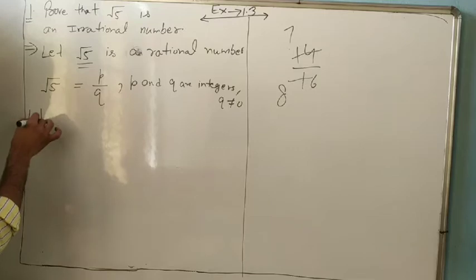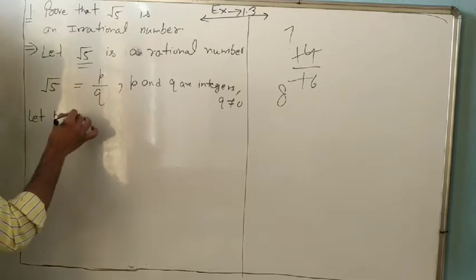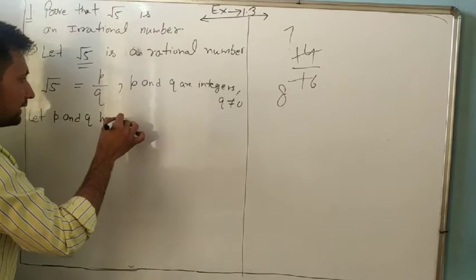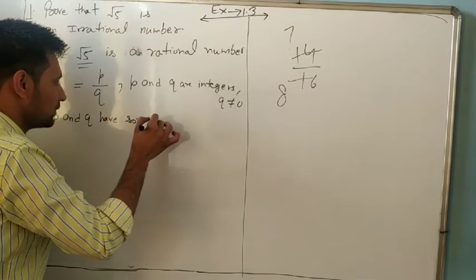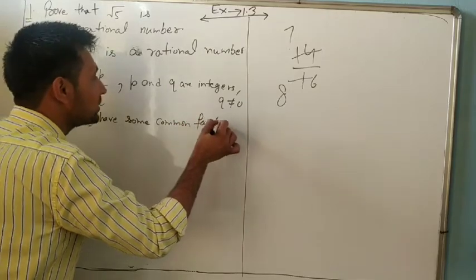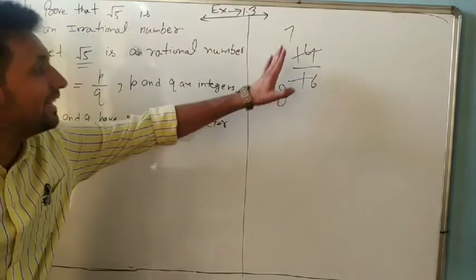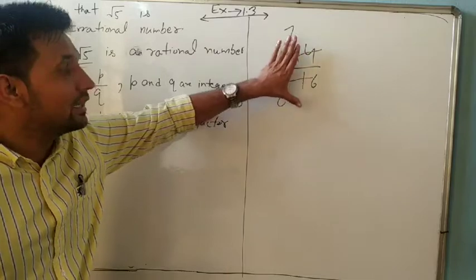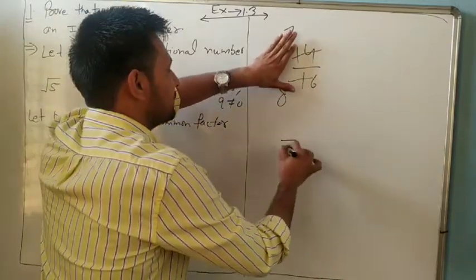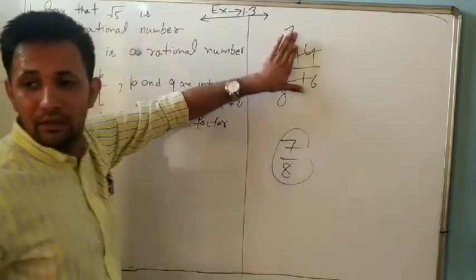Let P and Q have some common factor. It is possible or not? If it is any rational number, like 14 by 16, they have some common factor, or not? But in 7 by 8, maybe no common factor.